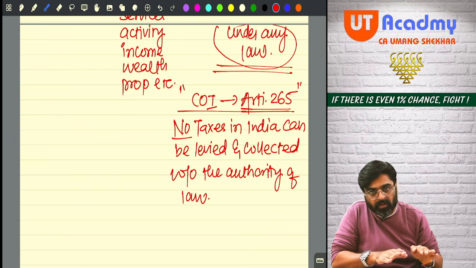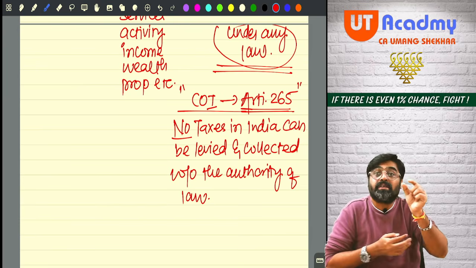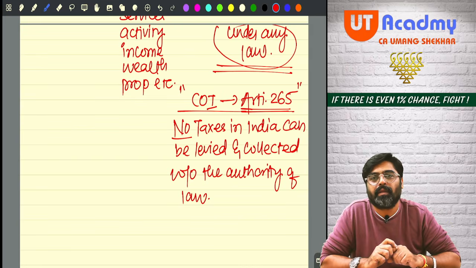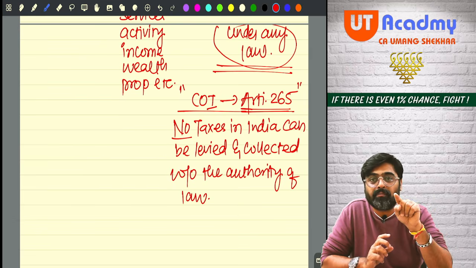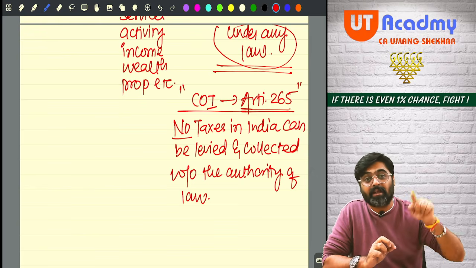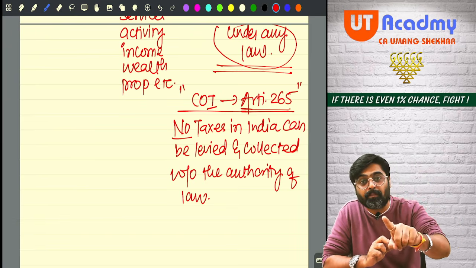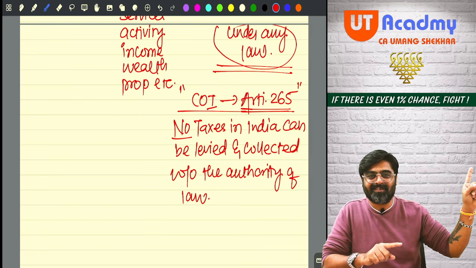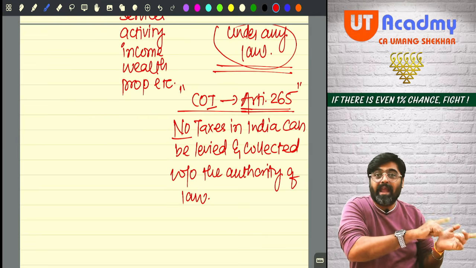18 rupees the shopkeeper will keep with himself, and the 2 rupees tax which he has taken from you, he will give to the government. What happened here? Government did not come to you and did not tell you to pay taxes to us. The liability to pay tax was on the shopkeeper, because taxes are levied on any supply or sale of goods.